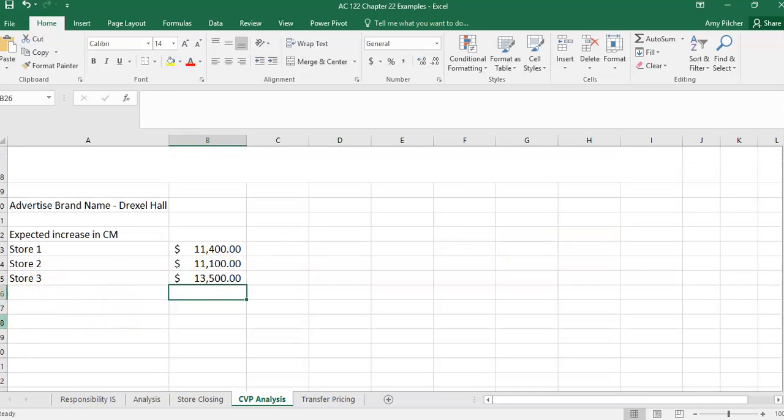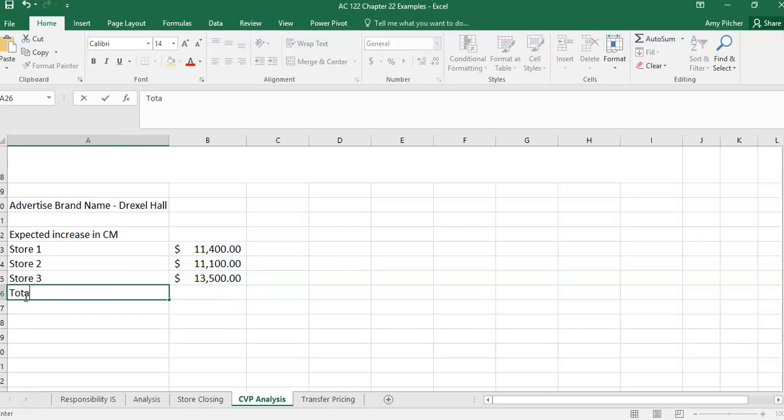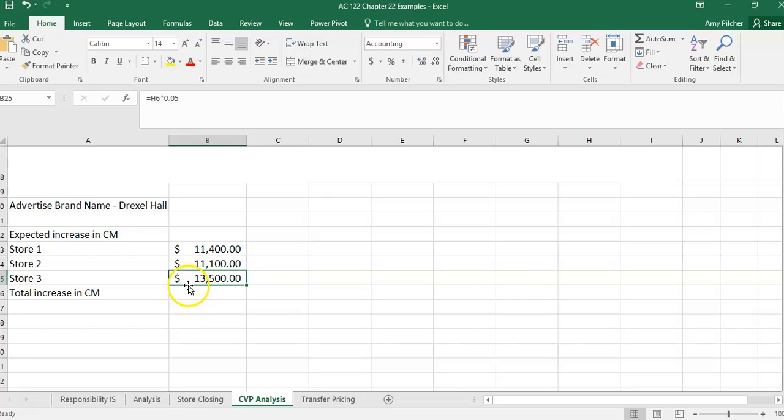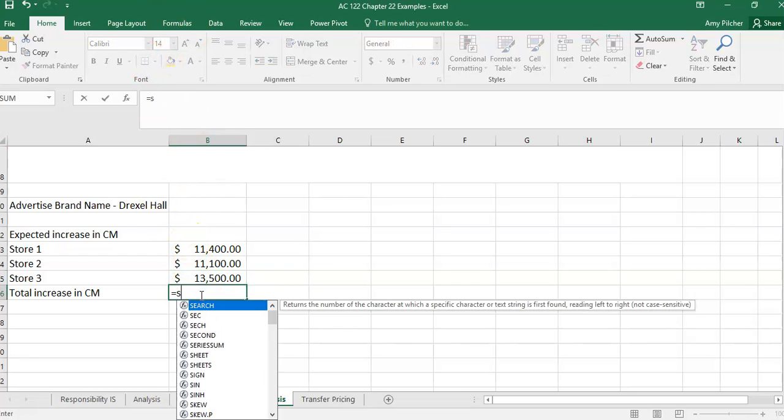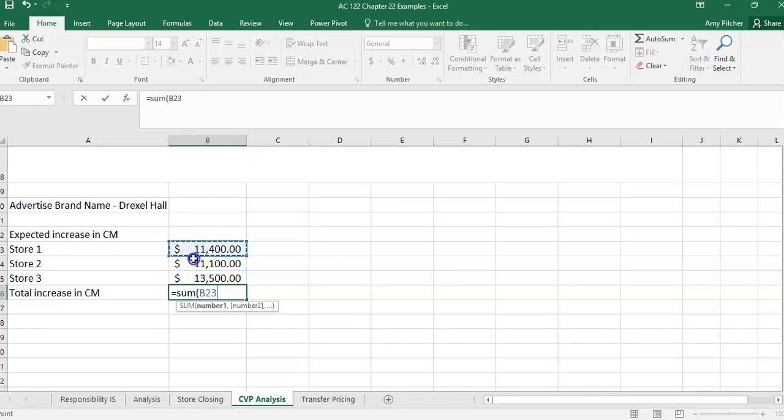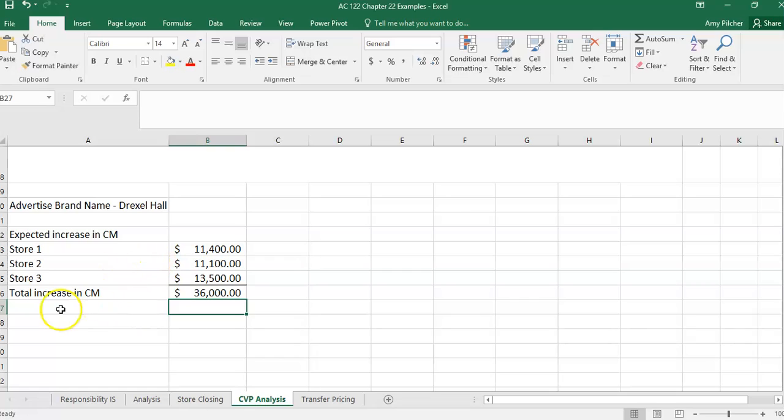So we have a total increase in contribution margin across all three stores for the company of $36,000.